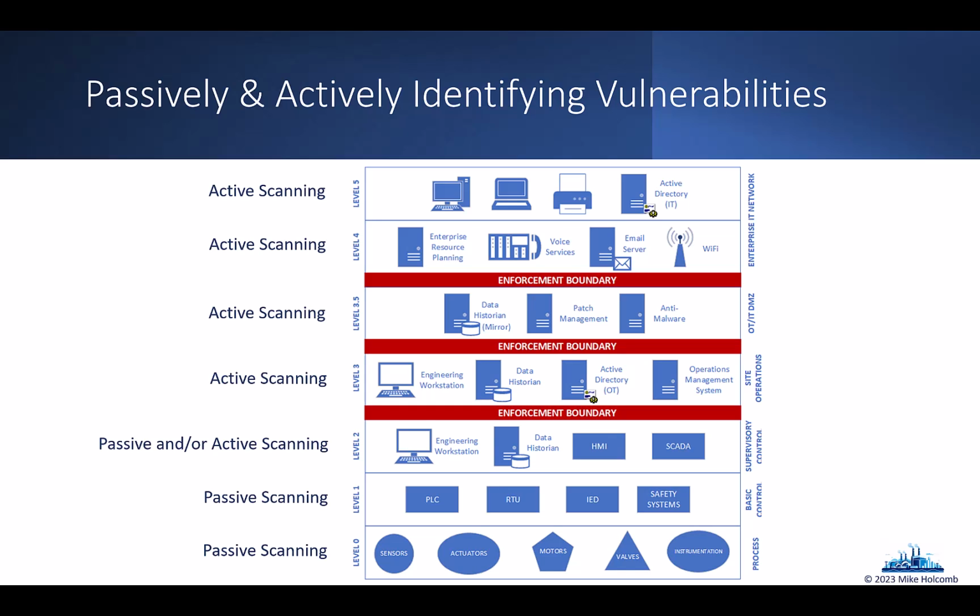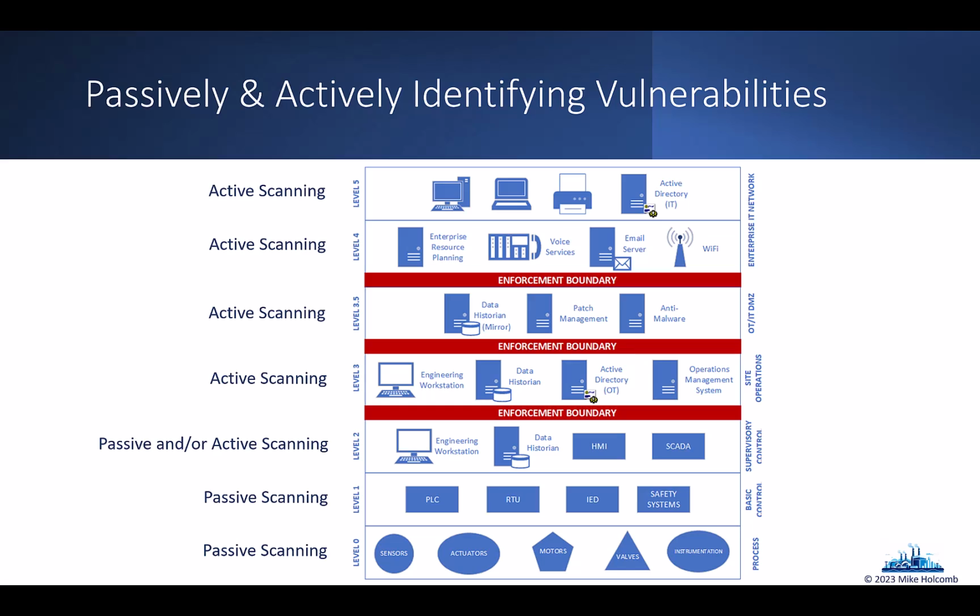Now, when you get down to level 2, that's where you have a combination of IT and OT resources. So you could say, I'm going to scan traditional IT resources like anything running Windows, like an engineering workstation at least, and a data historian, versus maybe the HMI and the SCADA. Even if the HMI is running Windows, we're not going to scan it actively.